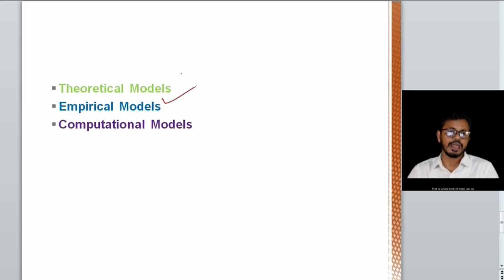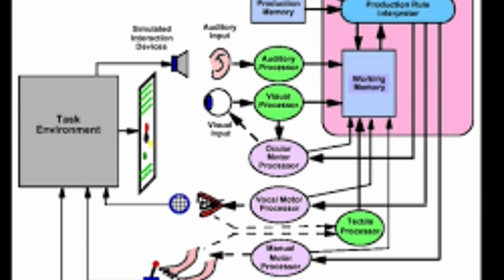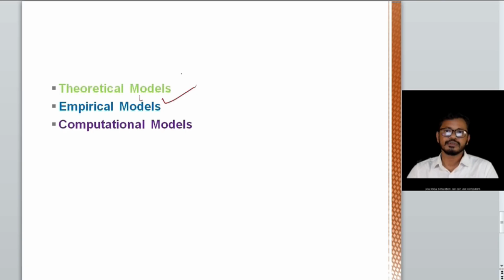That is why both can be summed up as theoretical models, along with the empirical model and the simulation model. We can use computers to find the results of the simulation models, and in that sense we can say computer and computational model.